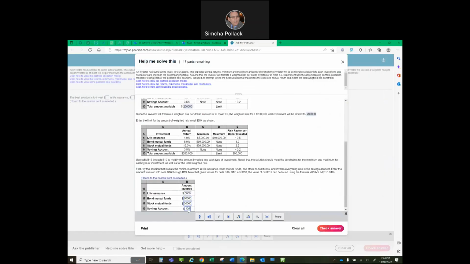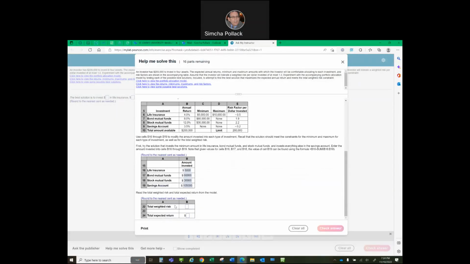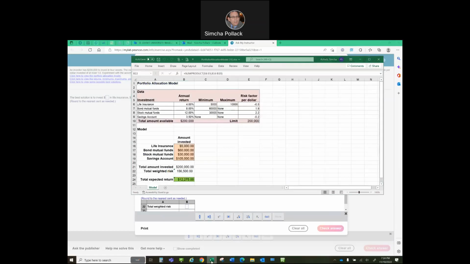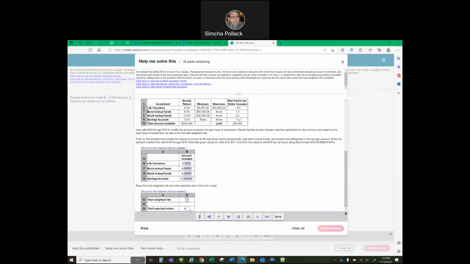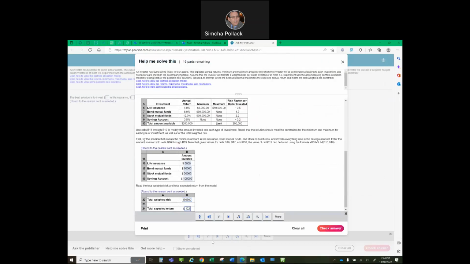Once you put in the minimums, this is constrained. And so far, so good. Total weighted risk so far is 156,500. And the total expected return is, according to our spreadsheet, 12,275. Check answer.